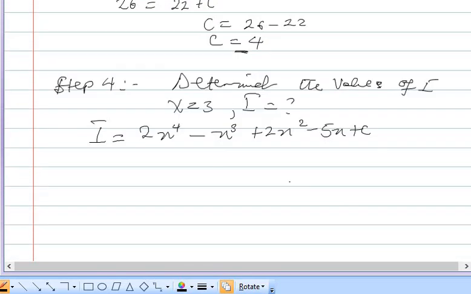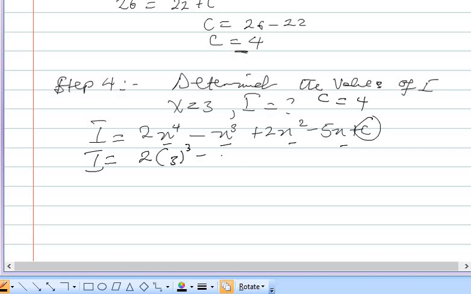So what we need to do is to just substitute for x when x is 3, and c as 4. So we can easily find I, since we have x and we have c.